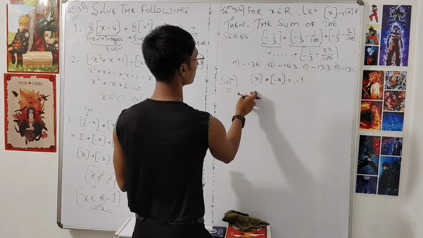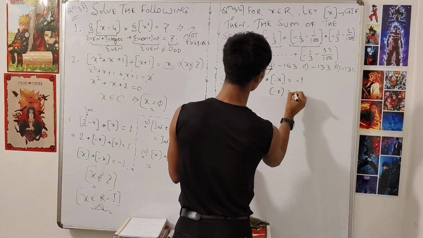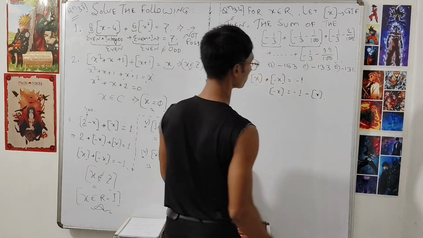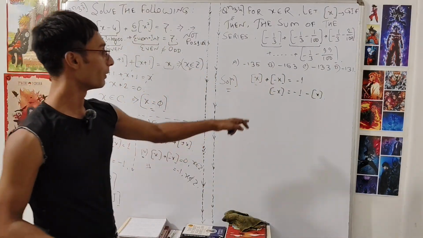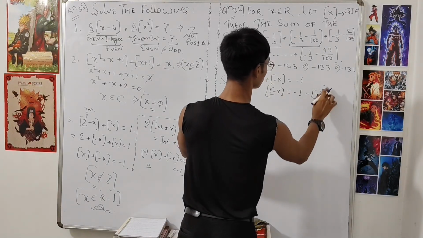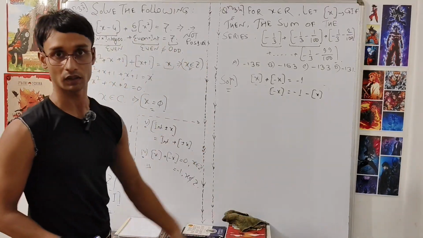Okay, so that's why minus of box x is equal to minus 1 minus of box x.